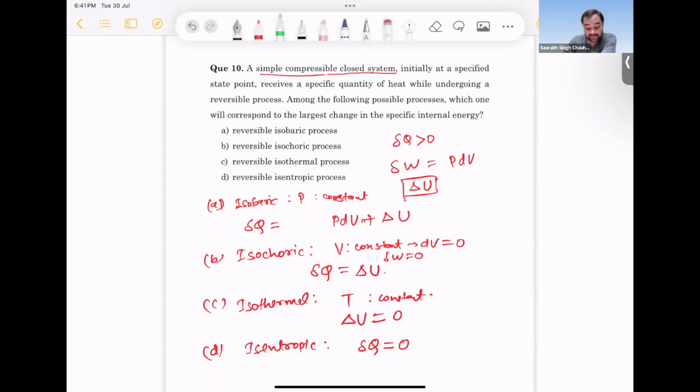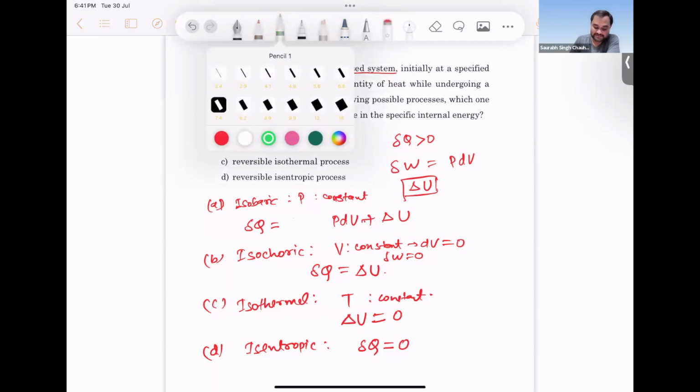In the third part, internal energy is not changing at all. And in the last part there is no heat transfer. But in the question itself, it was given that some heat is given to the system, so we have to consider only the first three options.